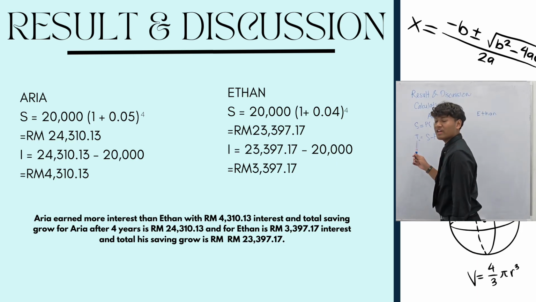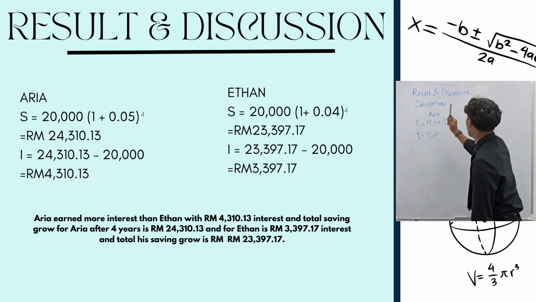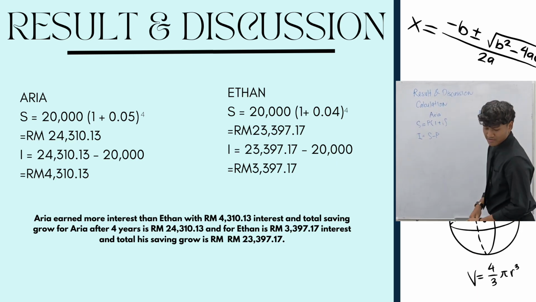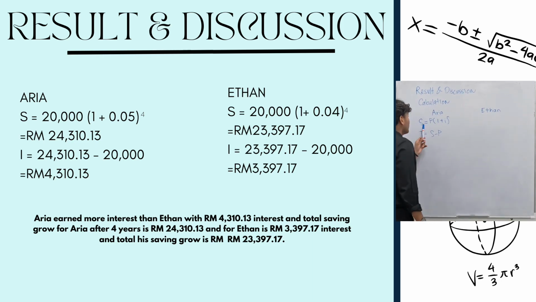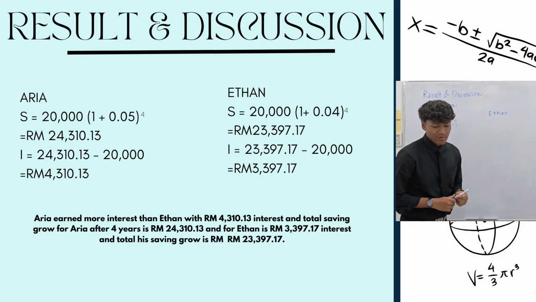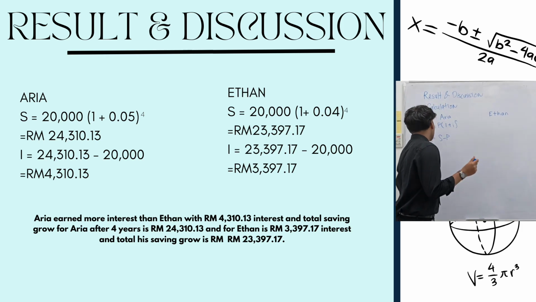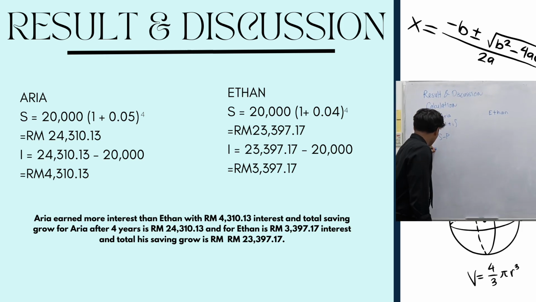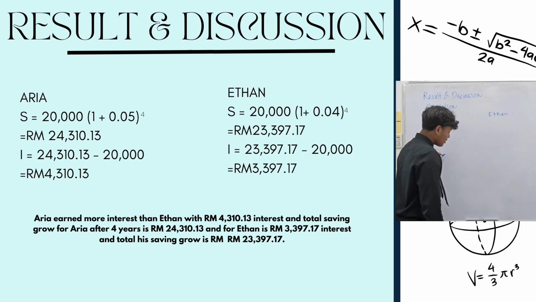Now this question asks to find the value of S and I for Arya and Ethan. The formula to find S is P open bracket 1 plus i close bracket power of n. Let's put the values. The value of P is 20,000 ringgit.